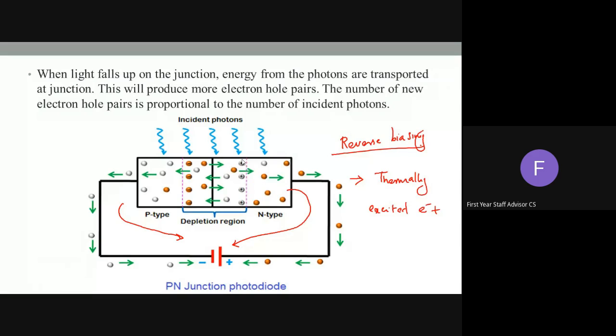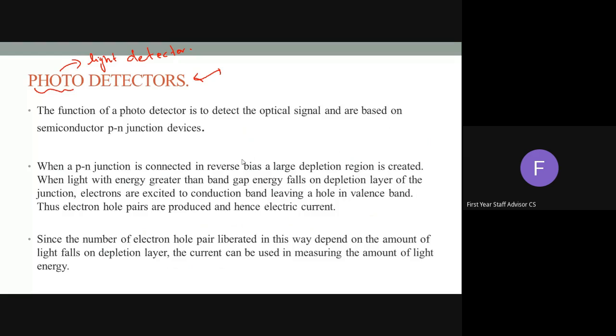Photodetector is a general topic. Photodiode is an example of a photodetector. A photodetector means a semiconductor or electronic equipment which is used to measure or detect light. Normally they are reverse biased PN junction diodes.